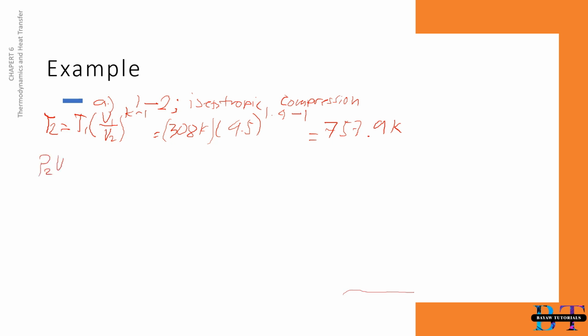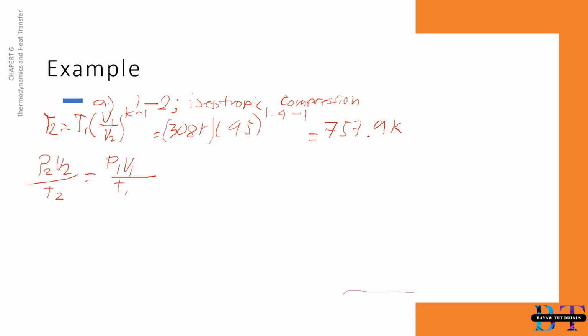So to solve the pressure 2, we use the ideal gas equation: P2 times V2 over T2 is equal to pressure 1 times volume 1 over temperature 1.